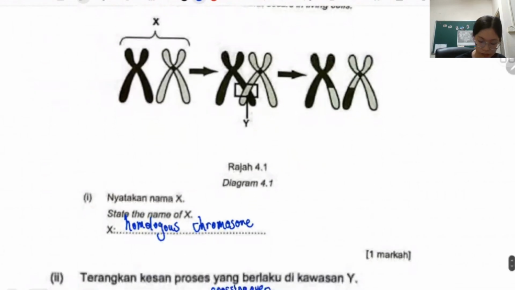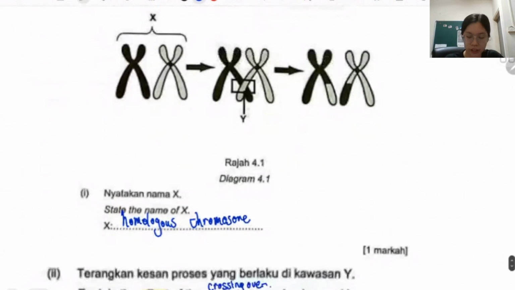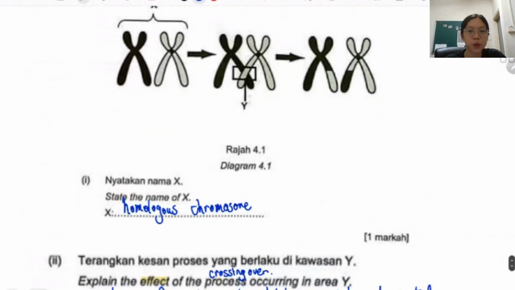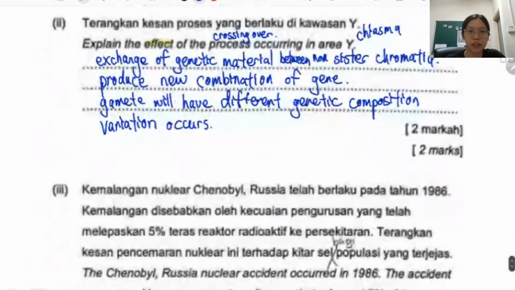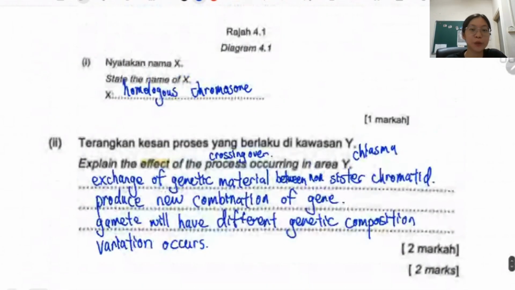Okay, what is the effect of the process occurring in area Y? So what is the effect of this crossing over that occurs at the chiasma, which is the site? You exchange the genetic material between the non-sister chromatids. So it will lead to what? Once you exchange, you form a new combination of genes.